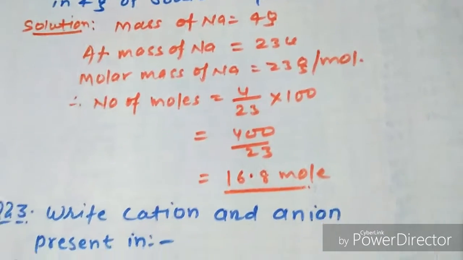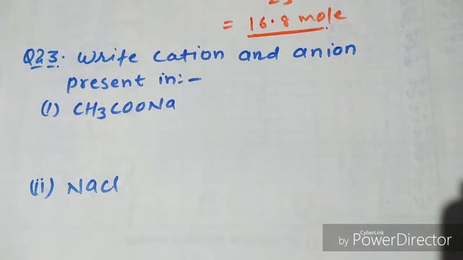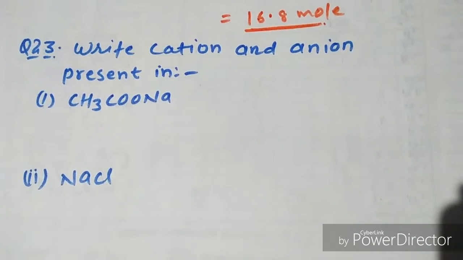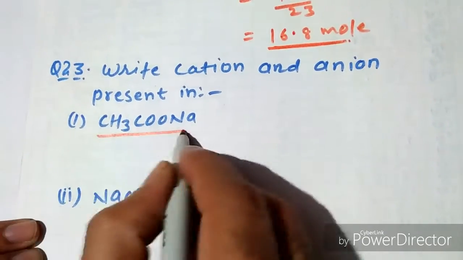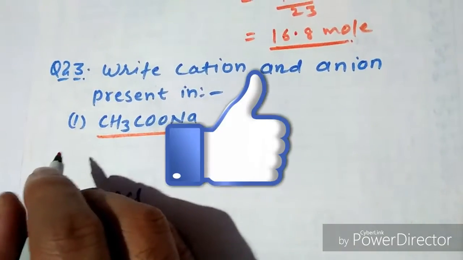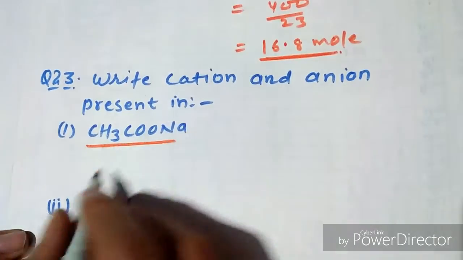The next question is, write the cation and anion present in the given substances. We have to decide what is the cation in this substance and what is the anion in this substance.